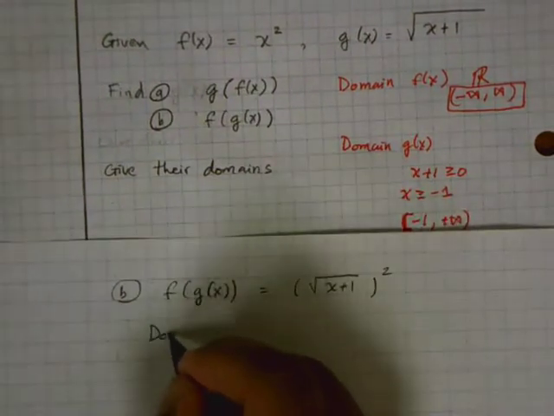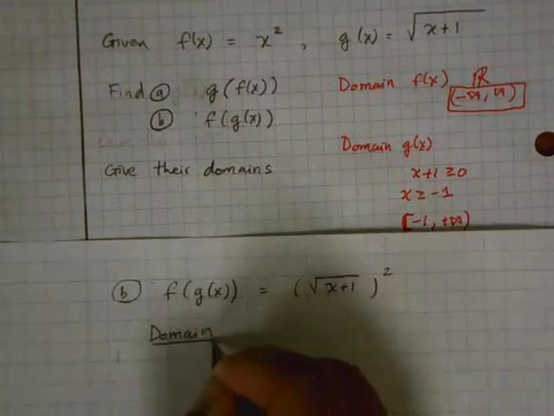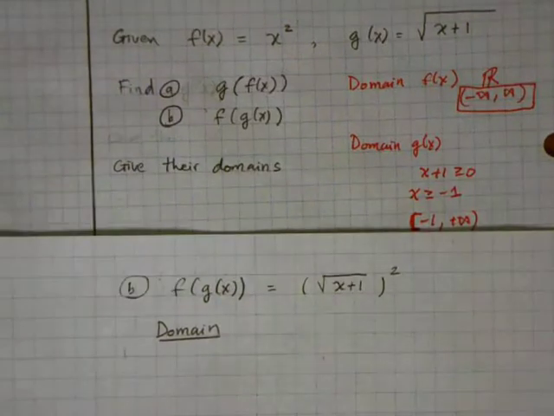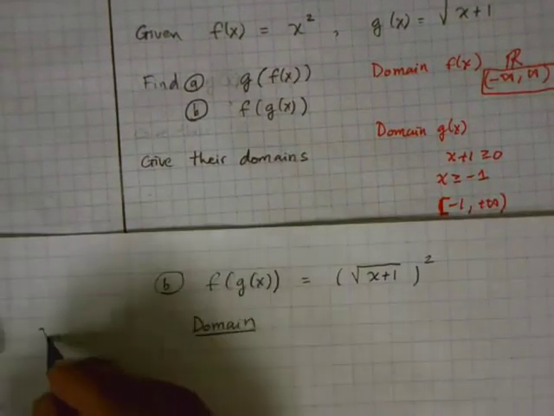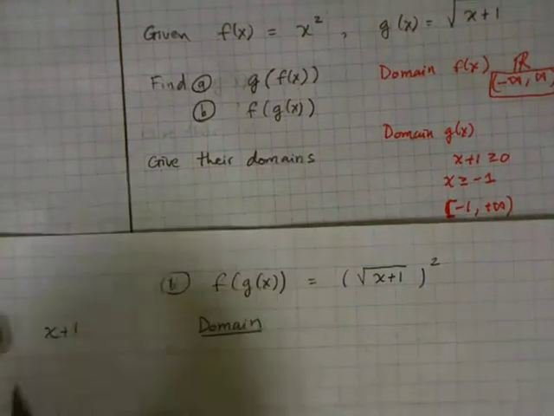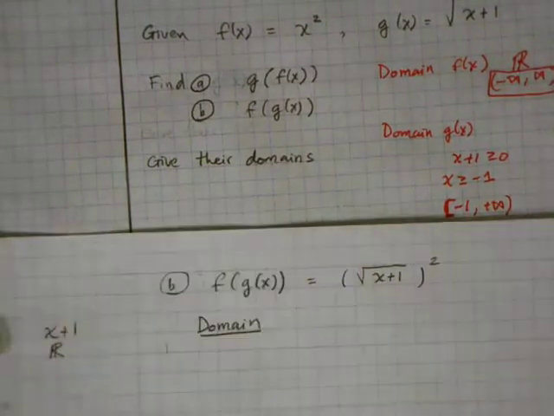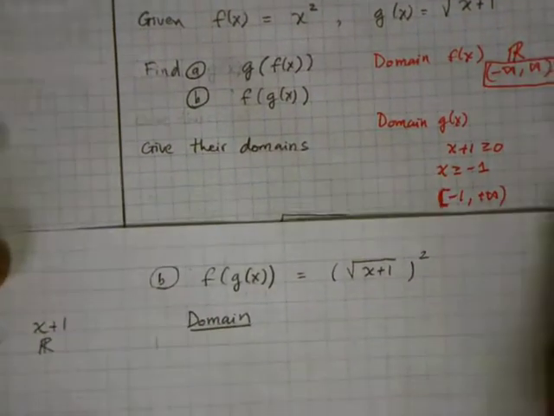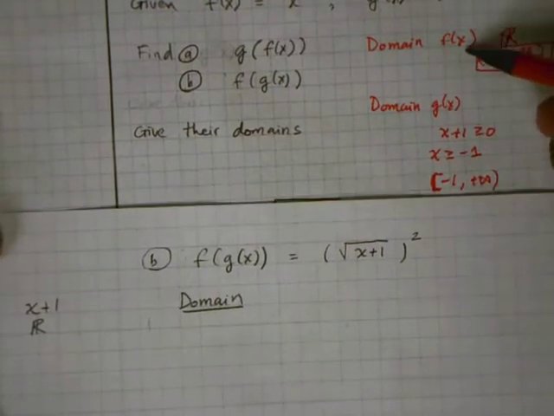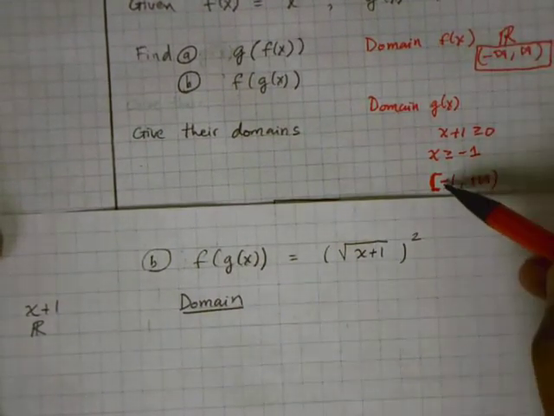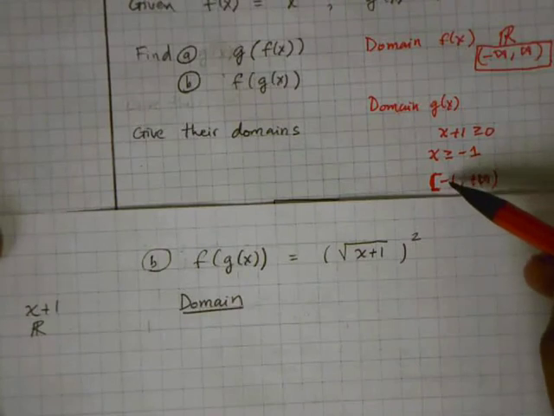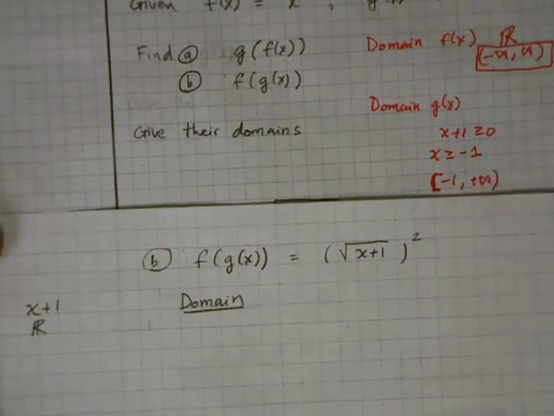So let's find the domain of this. Okay. If we were to square this, we would get x plus 1. Okay, I'll write a note here. If we would actually square it, we would get x plus 1, and the domain would be all real numbers. Okay? However, if you look at the original domains of f of x and g of x, the most restrictive one we have is the domain of -1 to positive infinity.